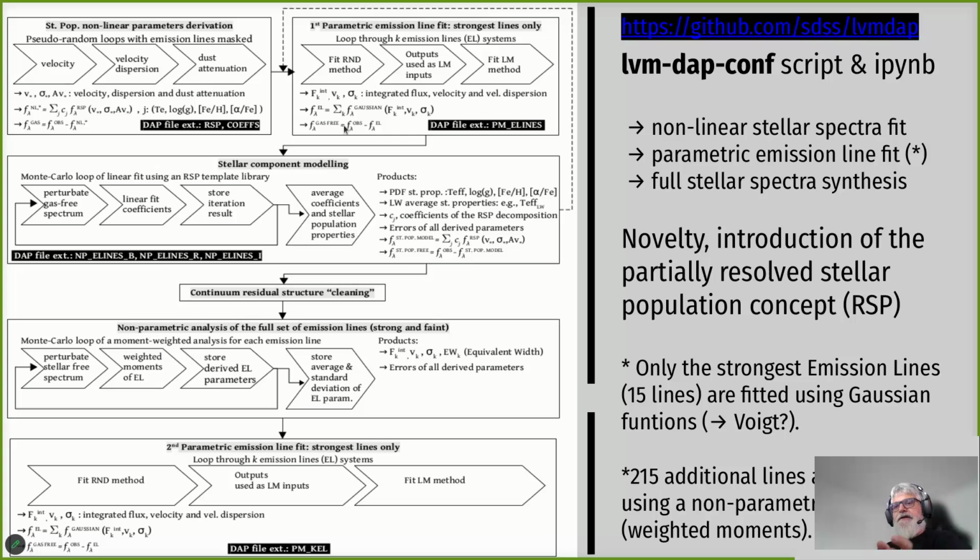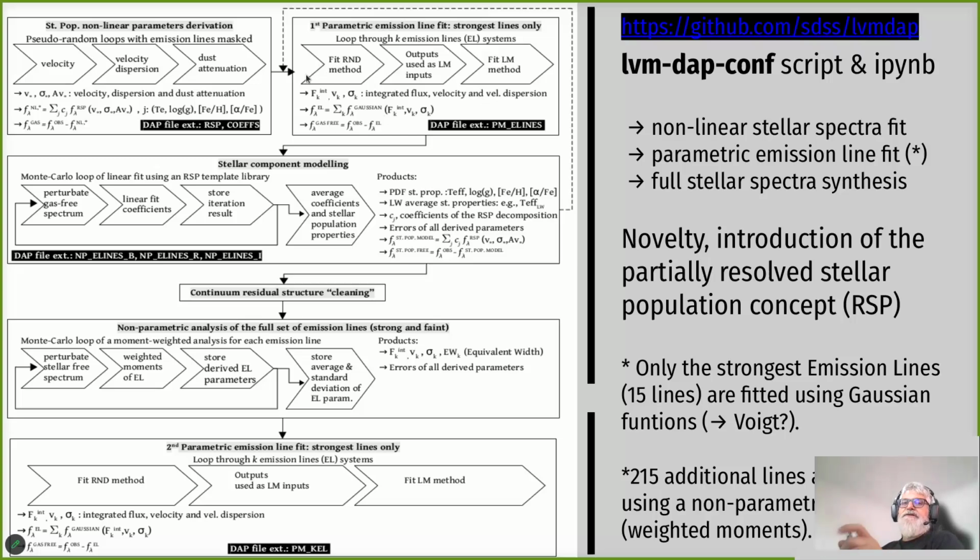We take this gas-pure plus noise spectra, the one that we derive from subtracting the standardized population, and we fit it with Gaussian functions using a procedure that first makes a brute exploration of the parameters and then refines with the LVMDAP method, providing the intensity, the velocity dispersion, and the velocity of each emission line. And once you have these emission lines fitted, you can subtract them from the original spectra.